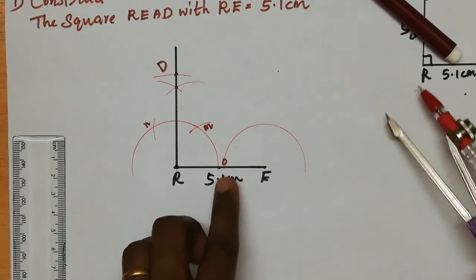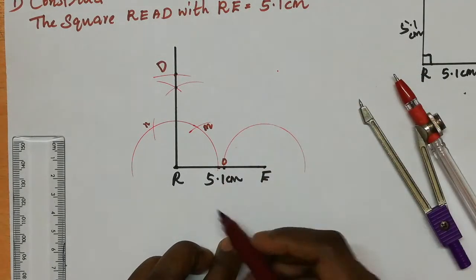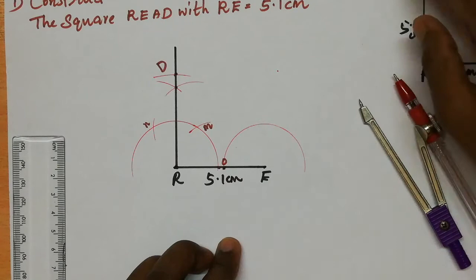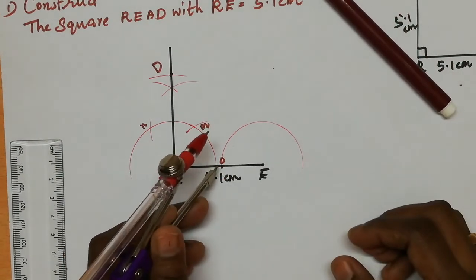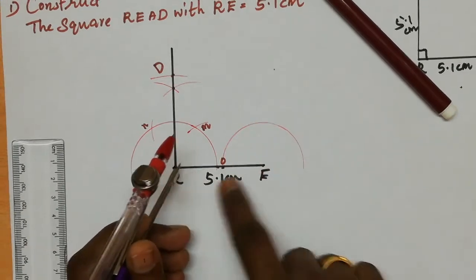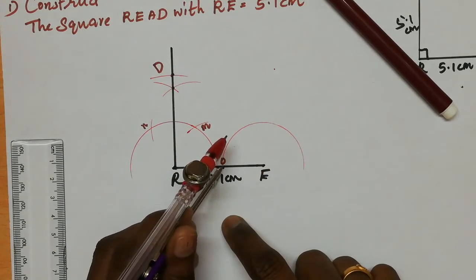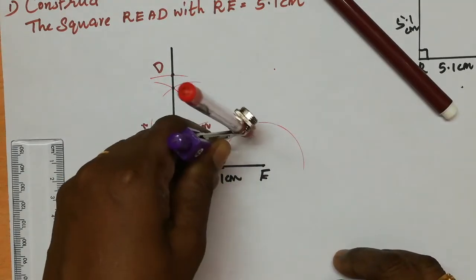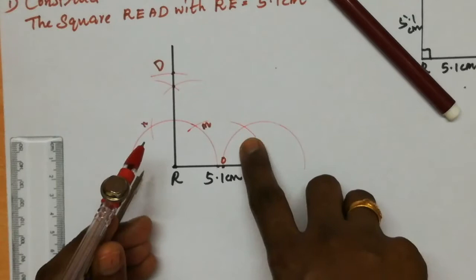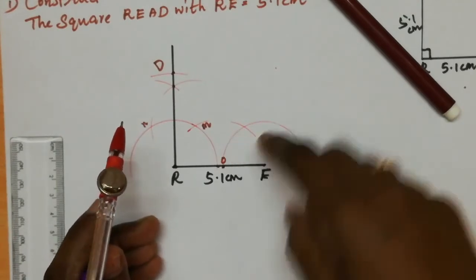This is the point where RE is cut. So pointing at that point on the semicircle where RE is cut, you should point the compass and make one arc. This is 60 degree.